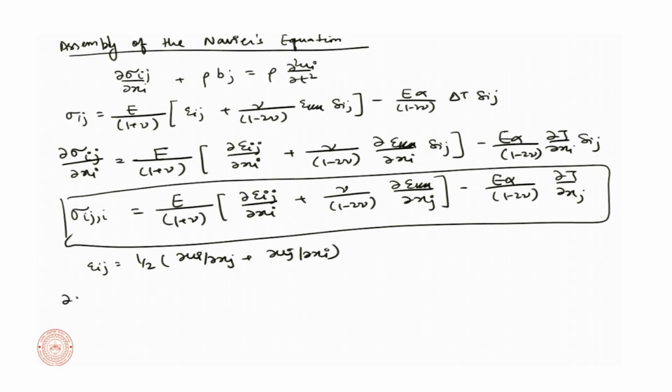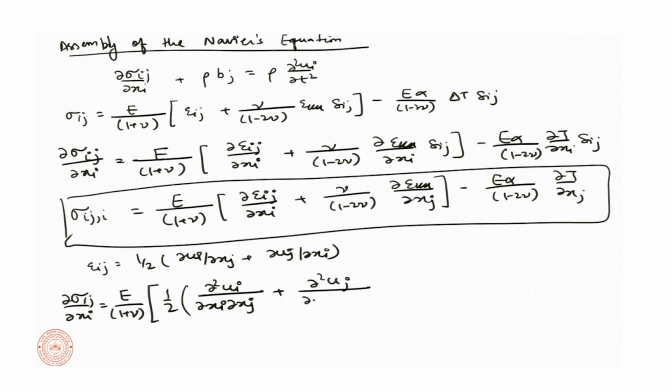So, del sigma ij by del xi is equal to E over 1 plus nu, 1 by 2. I am taking this derivative inside. So, just bear with me, del square ui del xi del xj plus del square uj del xi del xi.